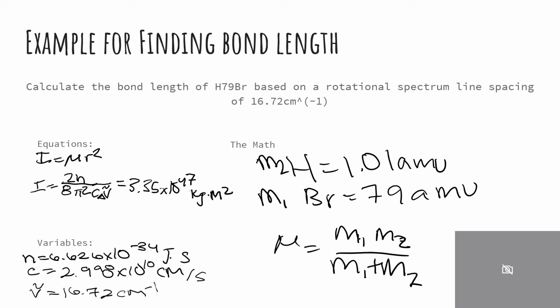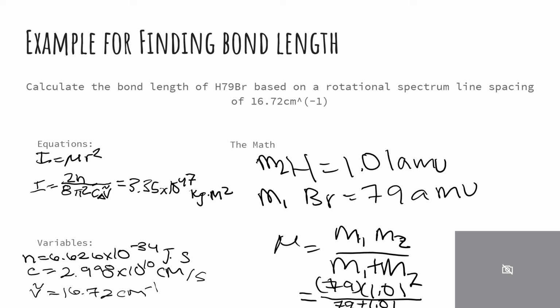When we plug these numbers into our equation, we get 79 times 1.01 divided by 79 plus 1.01.